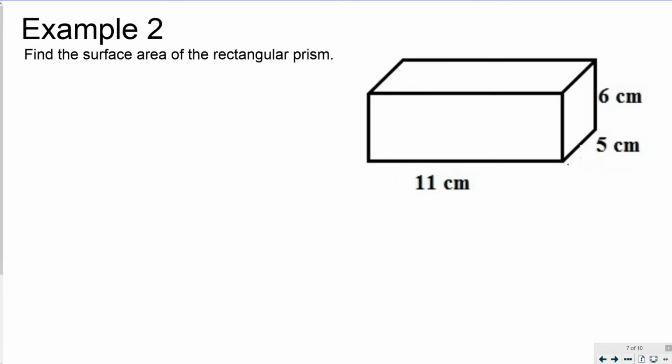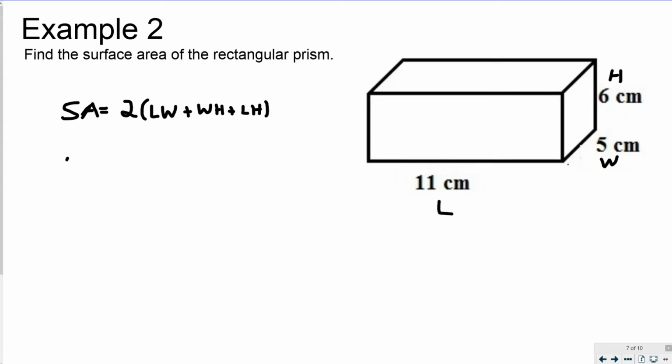Okay, so now I reduced the numbers, but the idea is still the same. Find the surface area of the rectangular prism. So 11 is going to be the length, 5 is going to be the width, and 6 is going to be the height. So the surface area is equal to 2 times the length times width, plus the width times height, plus the length times height.